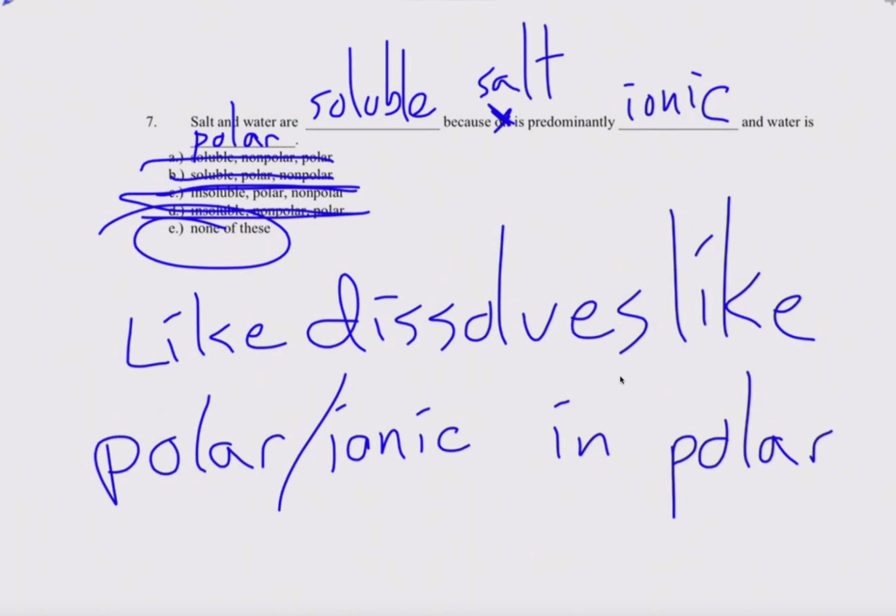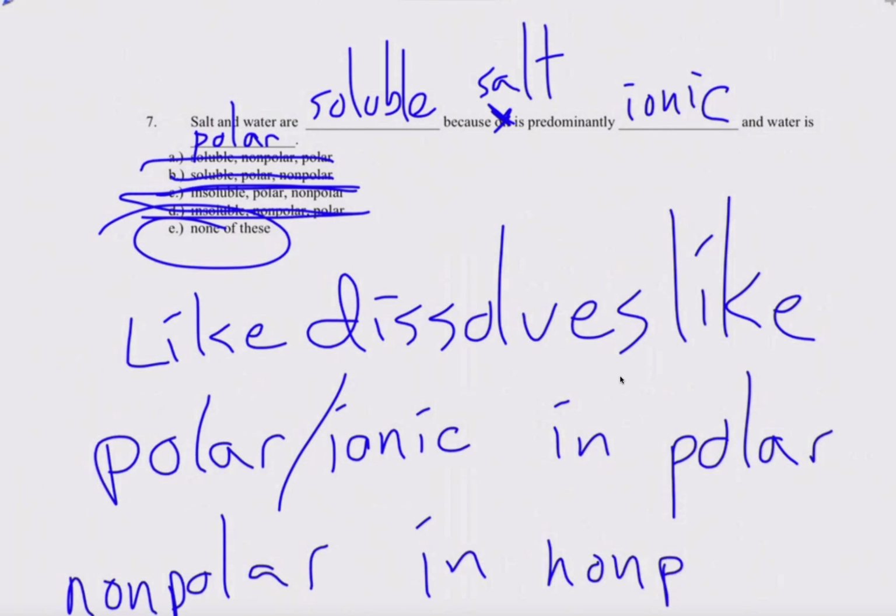Other polar substances dissolve very well in water. Nonpolar solutes dissolve in nonpolar solvents. So oils do not dissolve in water because oils are nonpolar and water is polar. So opposites don't attract in this case. Opposites don't dissolve together very well.